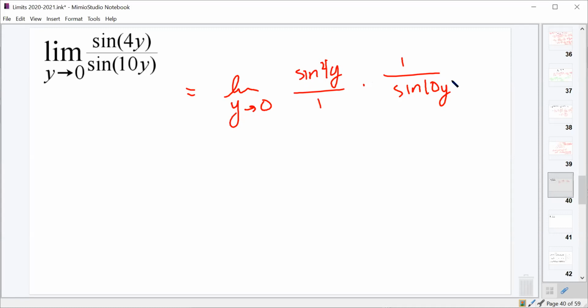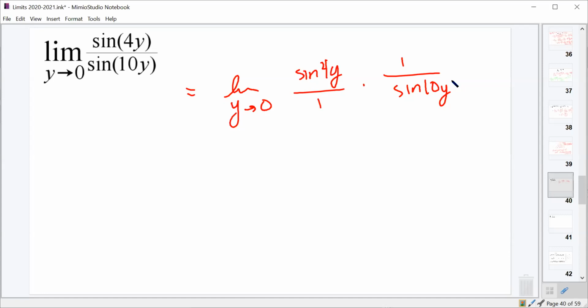Yeah, it's the same thing, right? Now, the first part of that, sine 4y over 1, if I could get a 4y in the denominator there, that limit would be very easy. True? Just the first part of it. And what if I could get a 10y in the numerator, the second part of it? That'd be a very easy limit to evaluate also, wouldn't it?